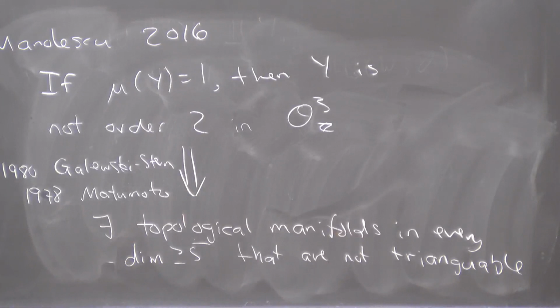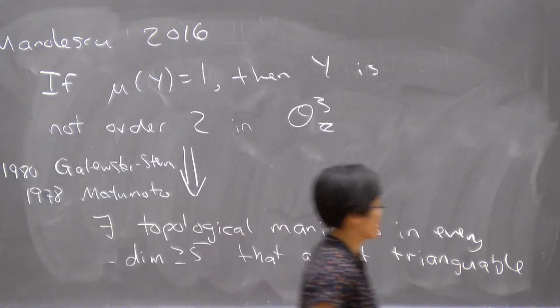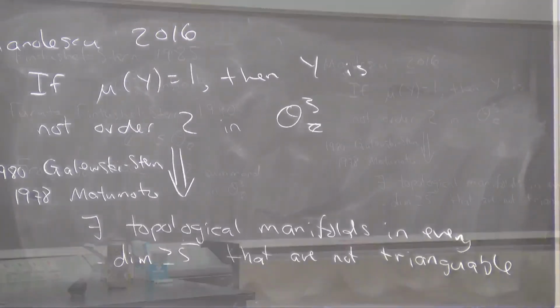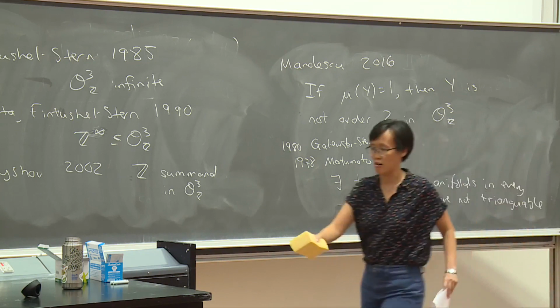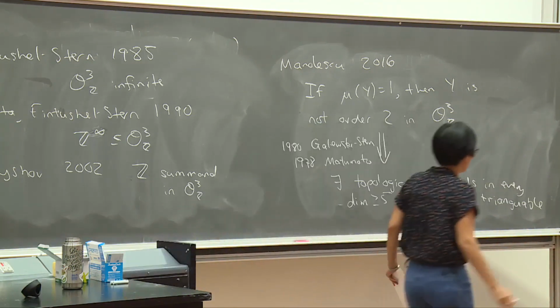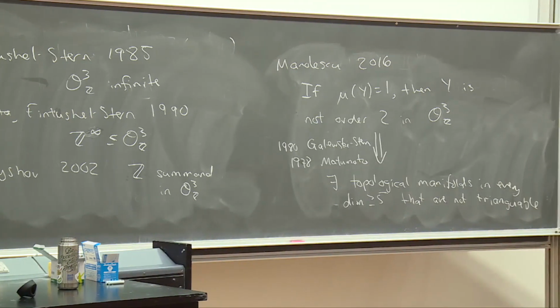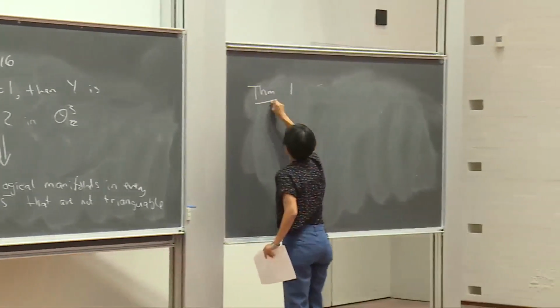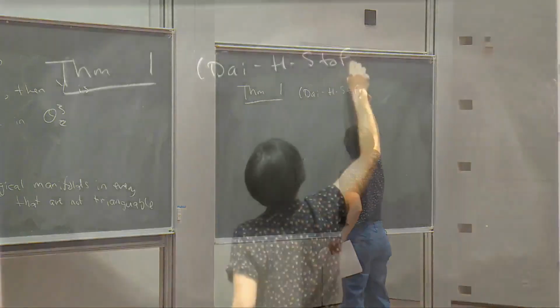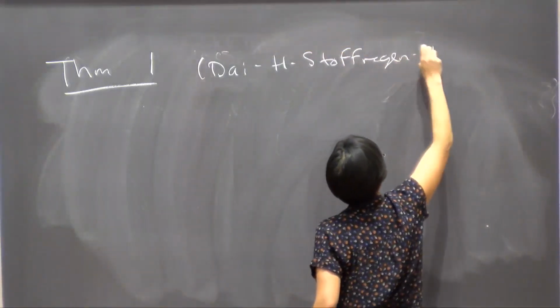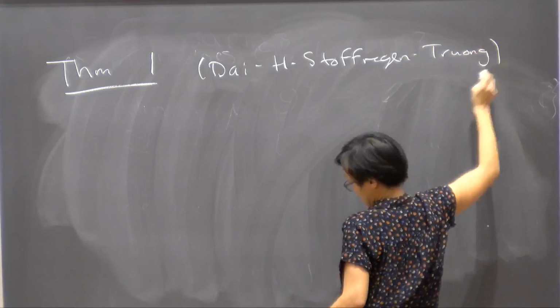All right. The first result that I want to tell you about today is about the structure of the homology cobordism group. This result is joint with Irving Dai, Matt Stoffregen, and Linh Truong.